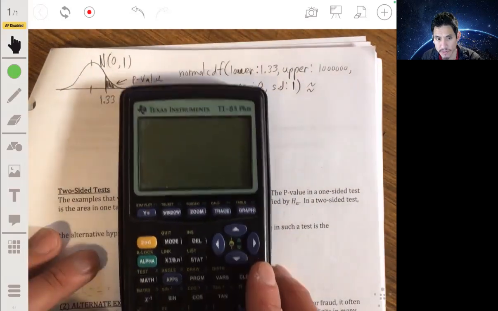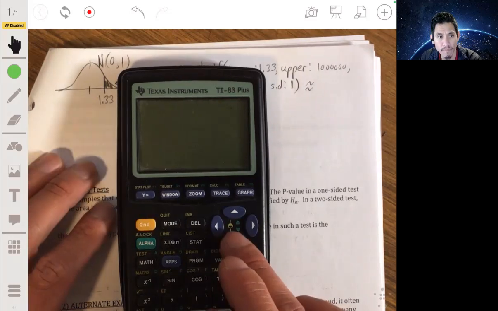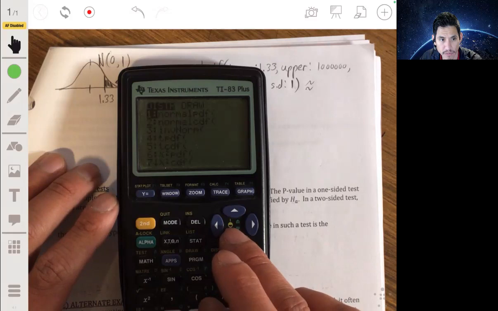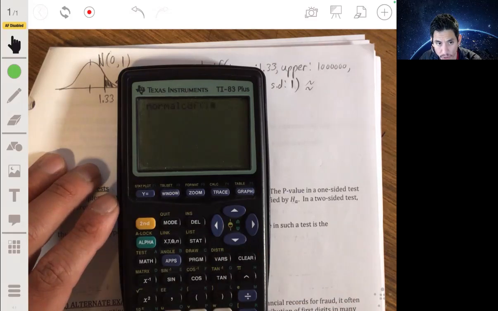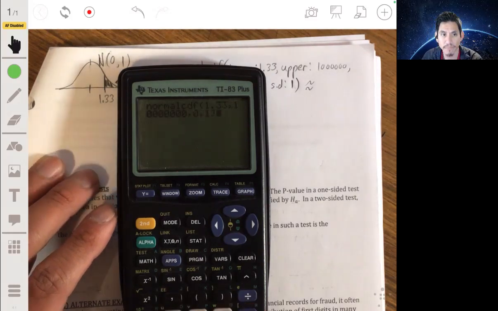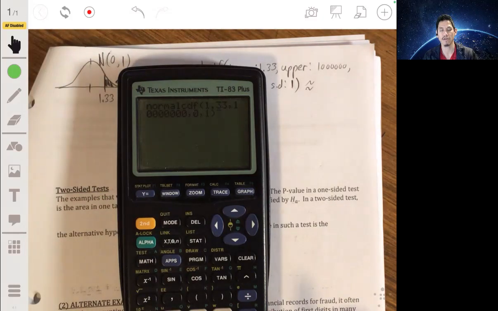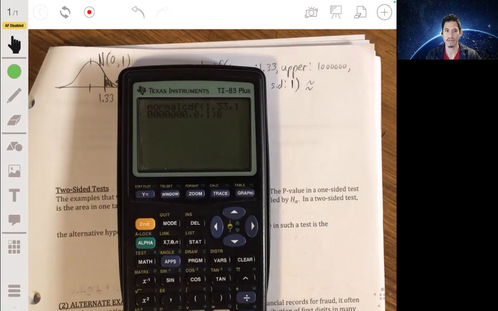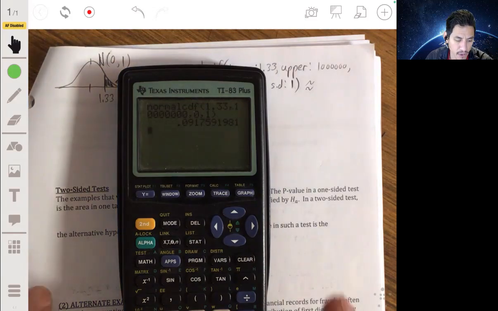So go into distribution, normal CDF, 1.33 lower bound, comma, upper bound, mean of 0, standard deviation of 1. And again, if you have a more advanced calculator, a newer version, it probably is really easy to know where to plug in the right numbers. This probably has columns or rows. In either case, you get about 0.091.